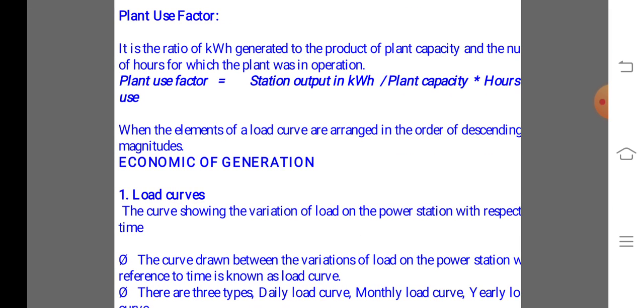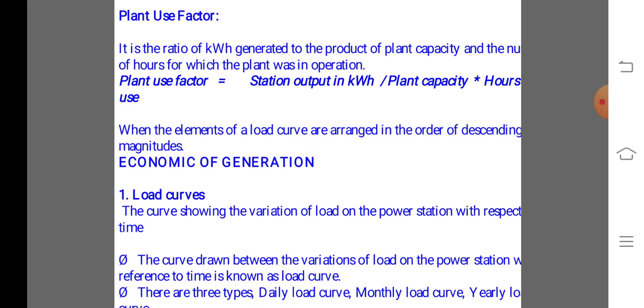Plant use factor is the ratio of kilowatts generated to the product of plant capacity and the number of hours for which the plant was in operation. So the plant use factor is the station output in kilowatts per plant capacity into hours of use.